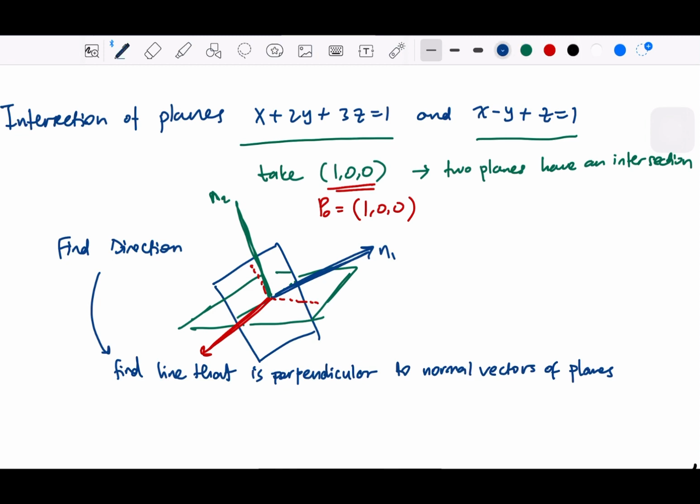The vector v, the direction that we want, is the cross product between these two. n1 we can write as 1, 2, 3. n2 is 1, -1, and 1.